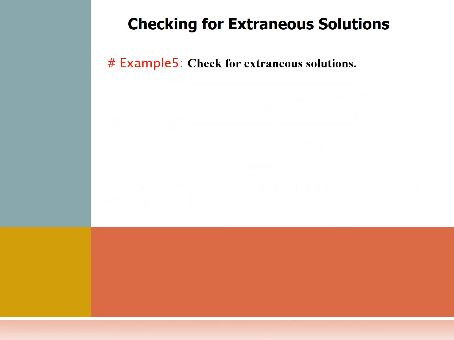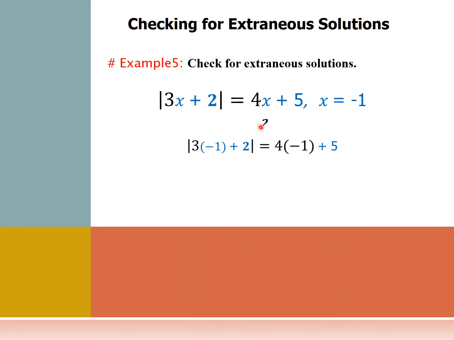And in the same example, we have to check for x is equal to minus 1. Substitute the value of minus 1 here, so we get 3 times minus 1 plus 2, and here we have 4 times minus 1 plus 5.